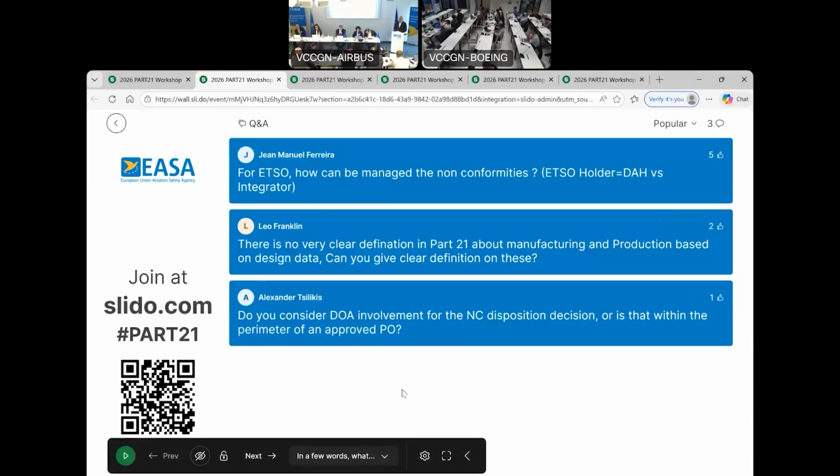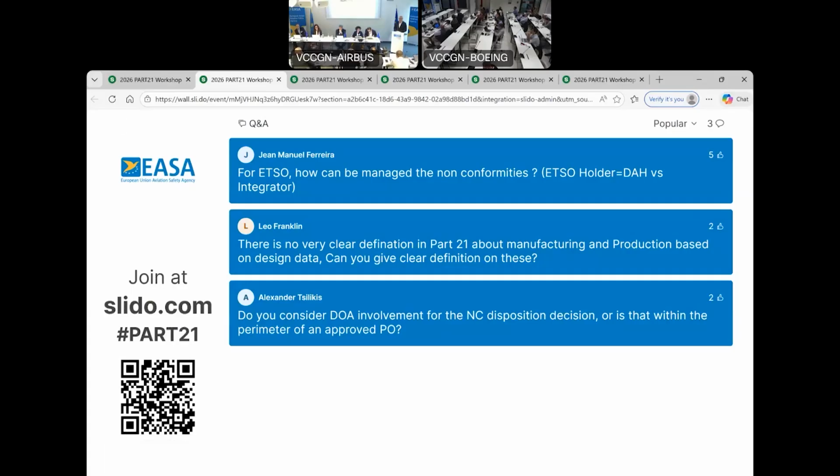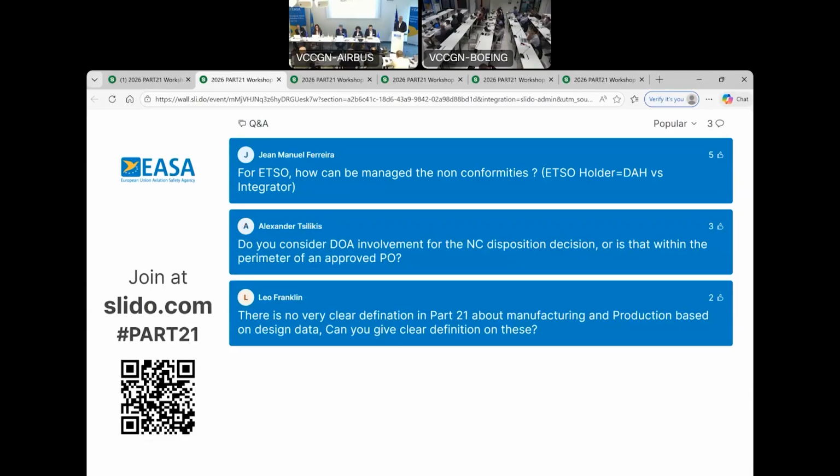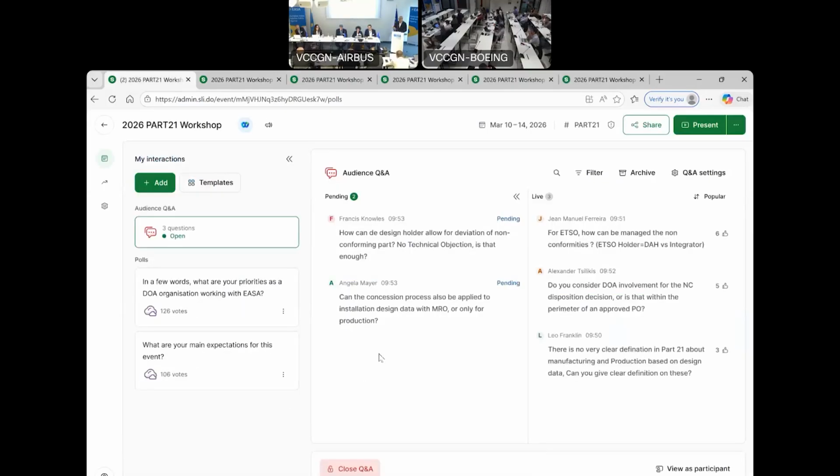So the logic is the same. The approval of the non-conformity at the level of the ETSO article might have to be evaluated by the integrator in case there are limitations introduced, or if there is an effect on the performances of the article with respect to the non-conformity. I hope that this is the question, if I understand it well.